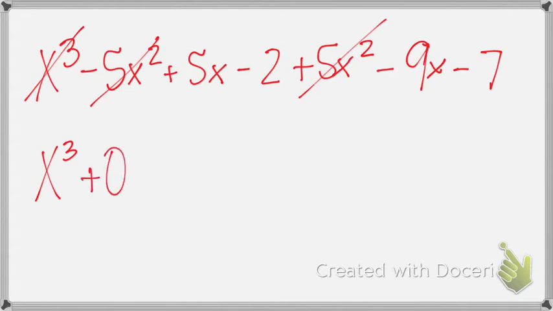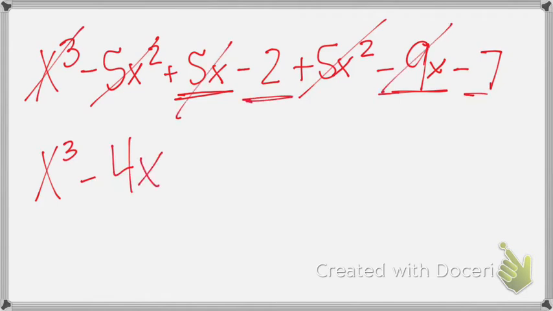I mean, you can say 0x squared. But will you see it that way? No. It'll just not be there. Okay? All right, then we go from a 5x to a negative 9x, which leaves us with, yep, a negative 4x. And then a negative 2 minus another 7 is a negative 9. How many of you got that one? Good. All right.